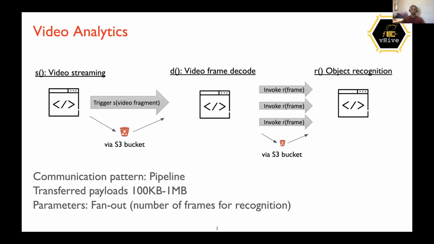So basically this will upload a video, this will download a video, split into frames, and then invoke n number of object recognition functions per frame. I mean one function per frame.